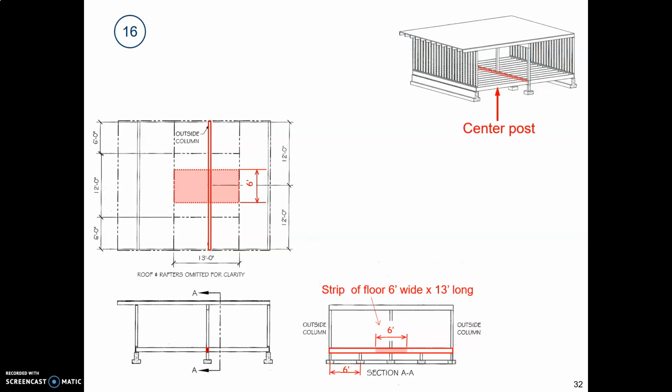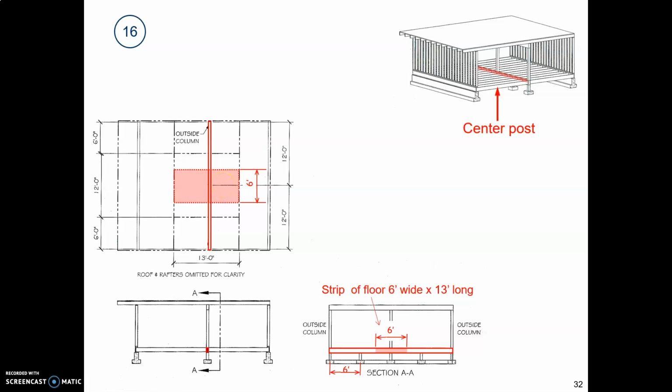Okay, how about that center post? One in the very middle. Here's its tributary area. Again, the posts are 6 feet apart, so that strip halfway on each side is 6 feet wide, or deep, I guess. Anyway, that tributary area is 6 feet by 13 feet.